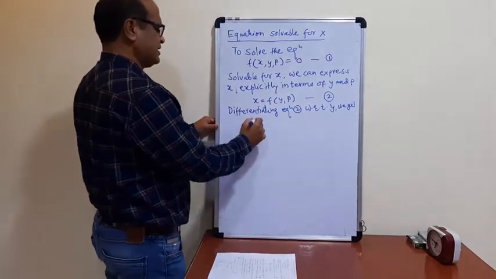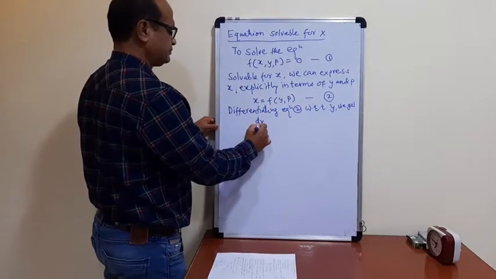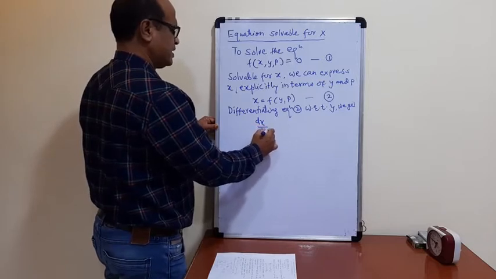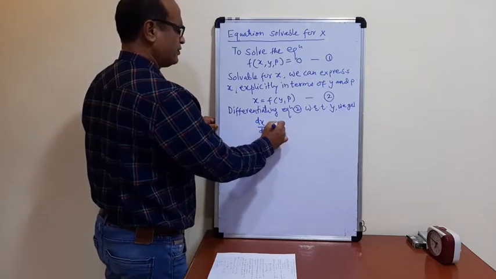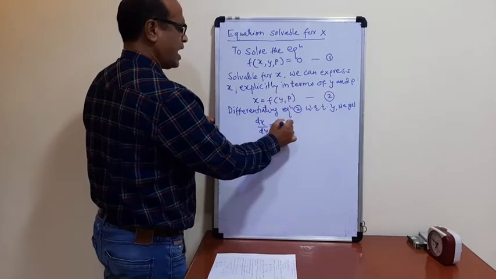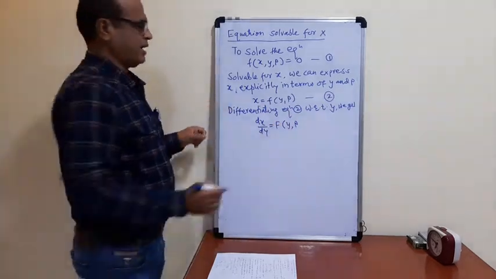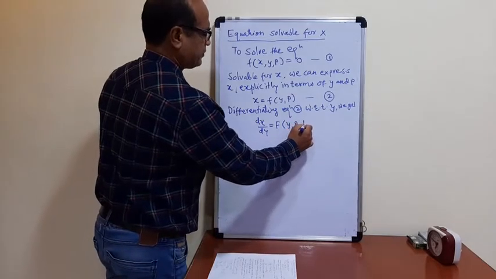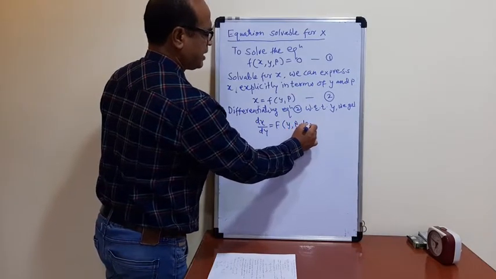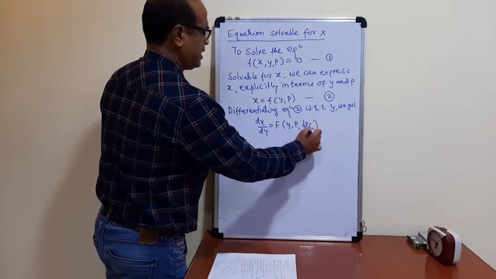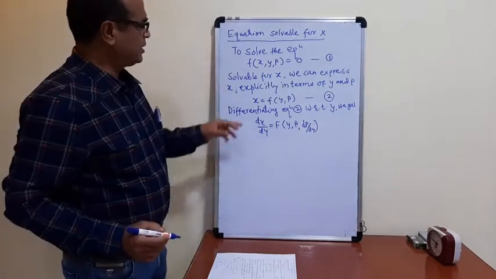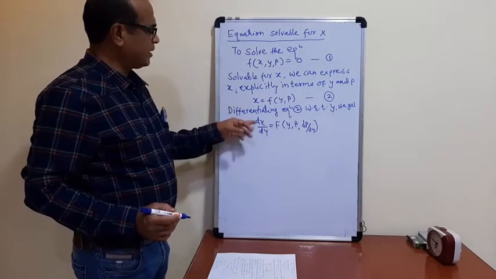So derivative of this is dx by dy is equal to f of y, p, and the derivative of p with respect to y. So this is a dp by dy.